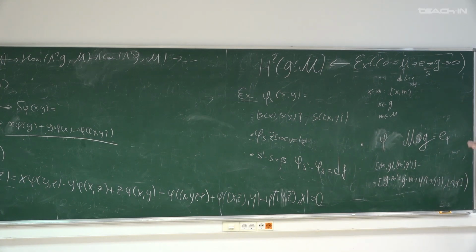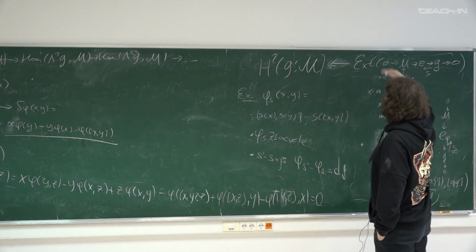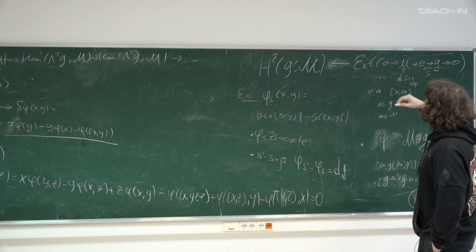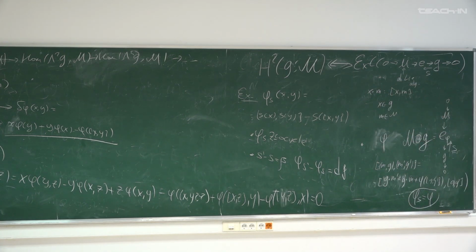One can check that this is a Lie algebra, and this is an extension of G by M with this G action here, and I have a canonical section which sends g to (0, g). This is not a Lie algebra section, but it is a k-linear section. And you can check that phi_s is exactly phi. So this is a surjection. And again the same argument proves that this in fact is an injection. So this is a bijection with the same formulas.